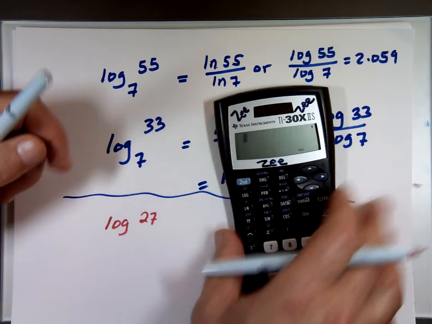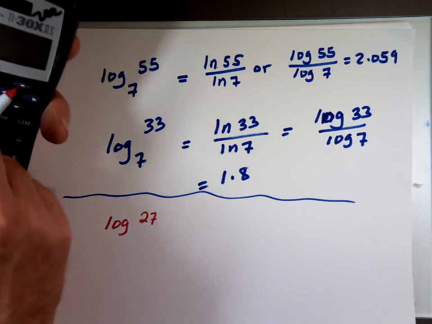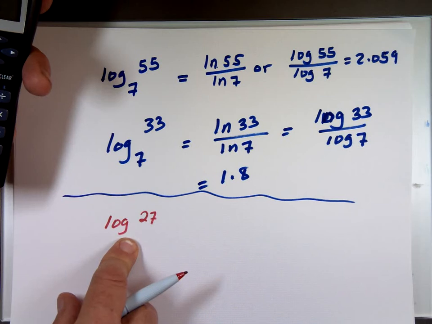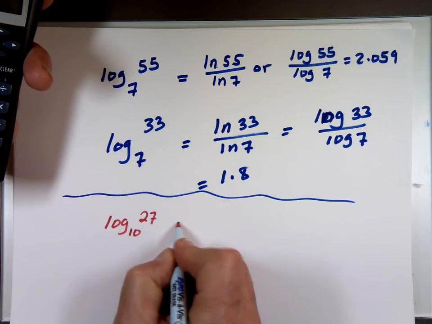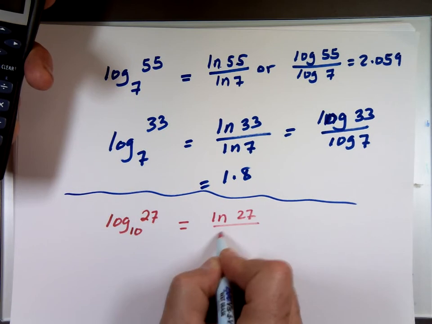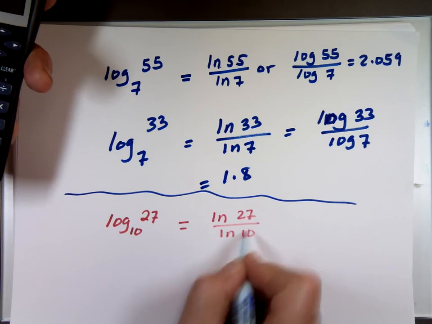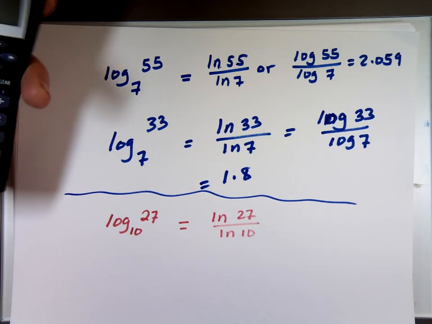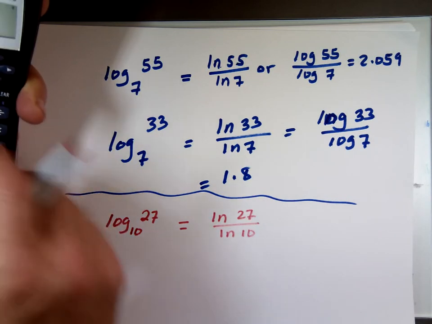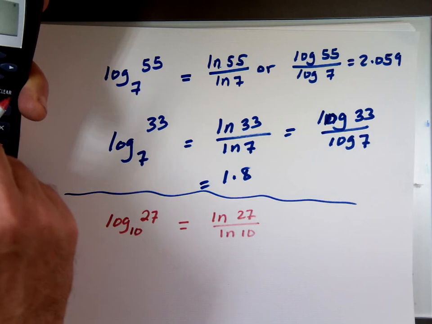I say, wait a minute, I can't use the log button, it's not working. Well, when you don't see the log, that means log base what? 10. You can choose the natural log of 27 over the natural log of 10. So I go ln of 27 divided by ln of 10.